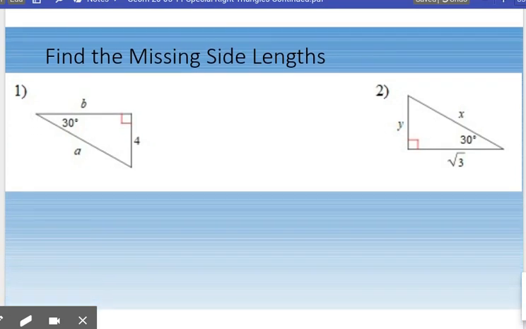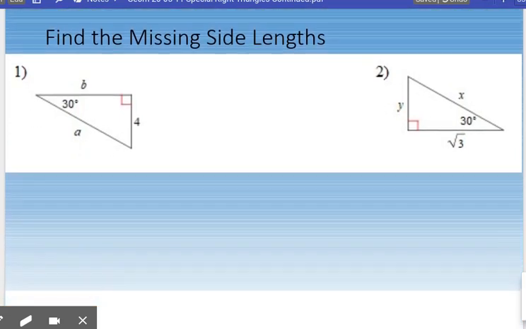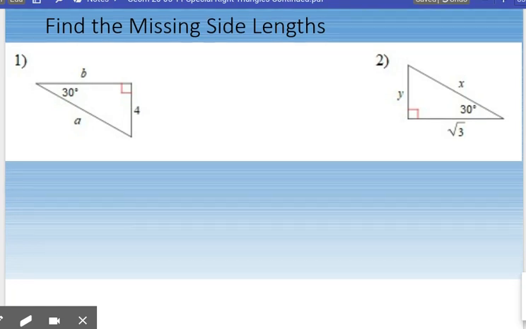We've seen a couple. I want you guys to go ahead and pause the video, and I want you to try these two. Remember, you're going through the short leg each time. All right, so for this one, there's my short leg. This is the long leg.